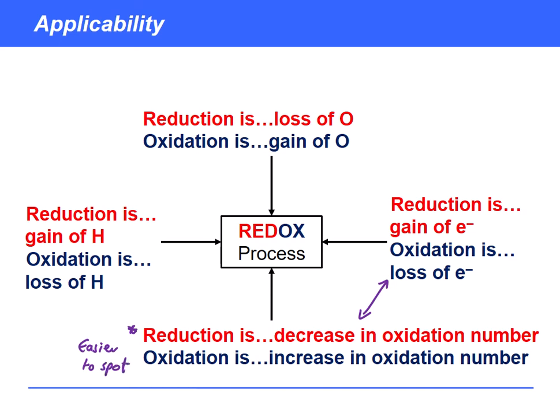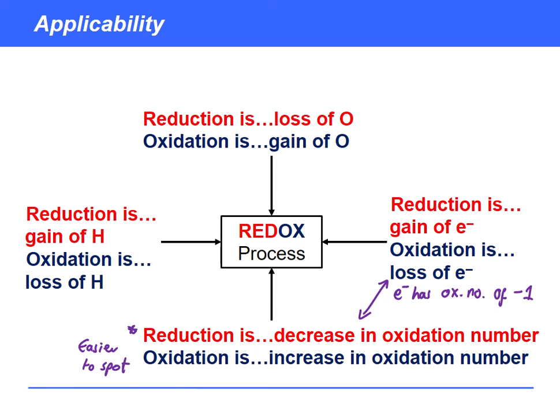And the link here is that an electron has an oxidation number of -1. That's the link. So if an electron is gained, then there must be a decrease in the oxidation number of a species, because you've gained something which has a negative oxidation number. And therefore, these 2 are very, very tightly connected.